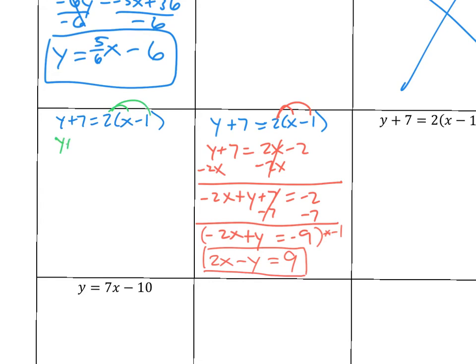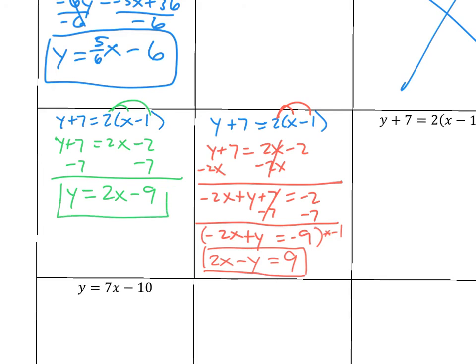So we'll have y plus 7 equals 2x minus 2. But now instead of moving my x term over, I just need to get y by itself, so I'm going to subtract 7. And then I'll get y is equal to 2x minus 9. And this will be our equation in slope-intercept form.